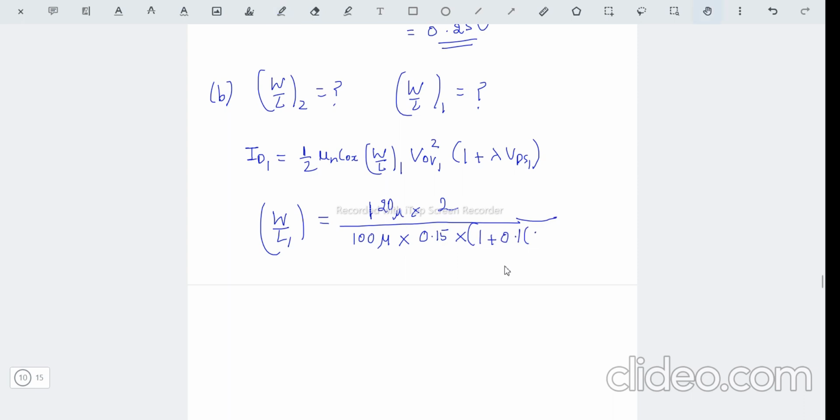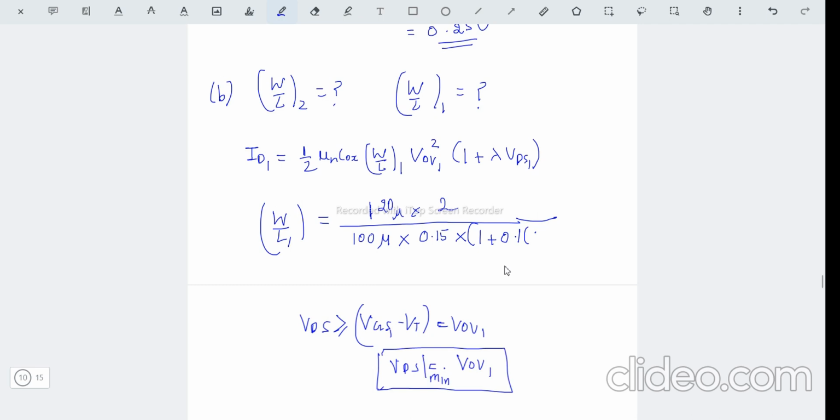VDS is the minimum voltage maintained so that it is in saturation. VGS minus VT is nothing but VOV itself, so VDS min is VOV1. I substitute 0.15.